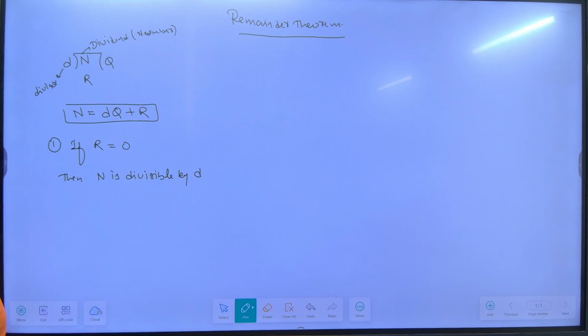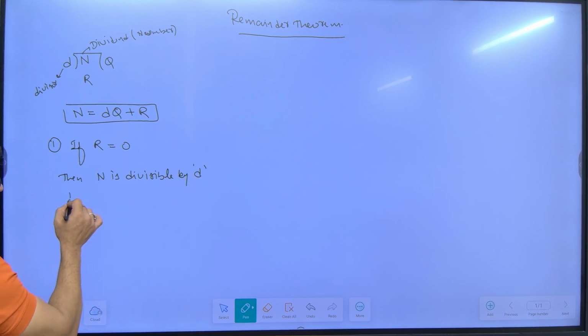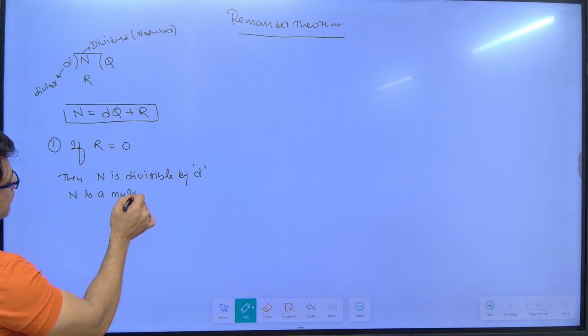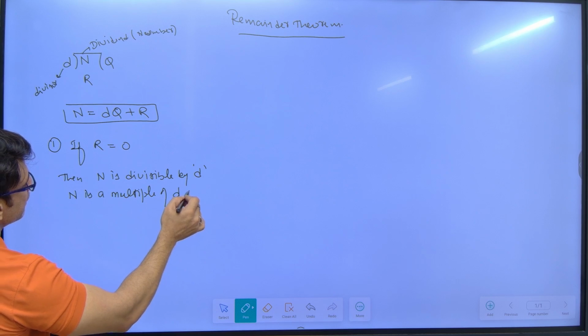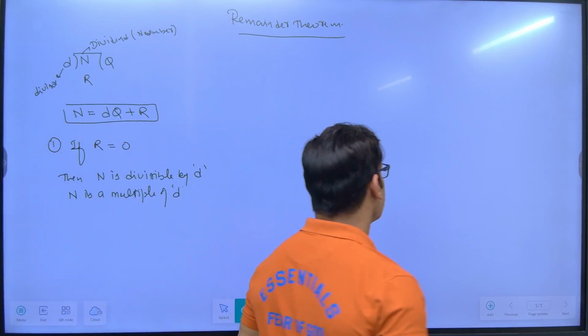D stands for divisor. N is divisible by divisor, or simply n is a multiple of d or q, multiple of both.